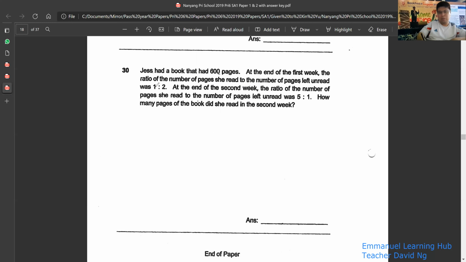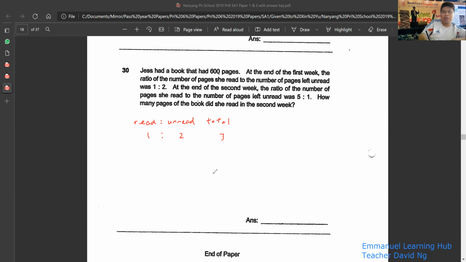At the end of the first week, the ratio of the number of pages she read to the number of pages left unread was 1:2. Okay, these 3 units are... agree? Total is 3 units.